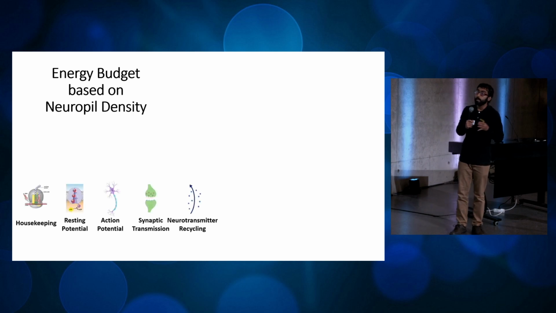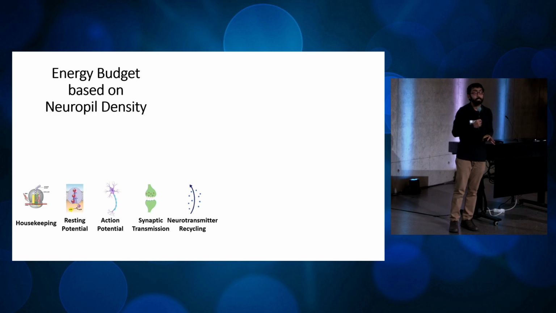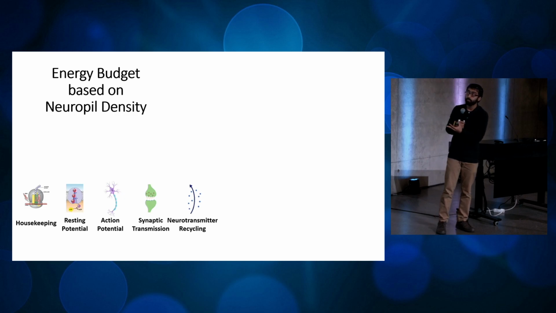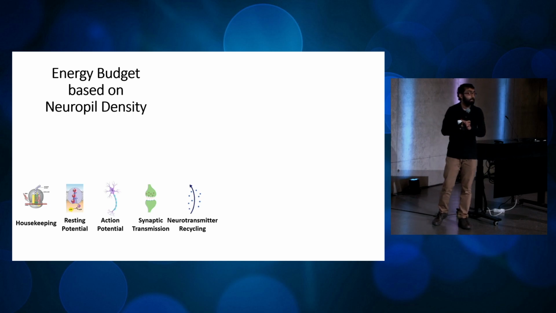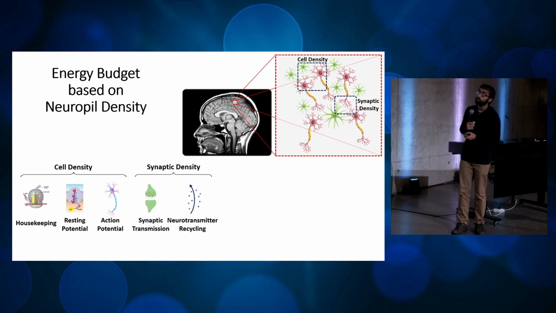When we're doing an energy budget model of the brain, we know the energetic costs for different processes that occur on a cellular level. For example, housekeeping would include things like protein synthesis or synaptic modification, while the action potential component would cover neural signaling. We take these different energetic costs that we are able to deduce from values in the literature and through various calculations, and we have to scale them by the appropriate parameters.